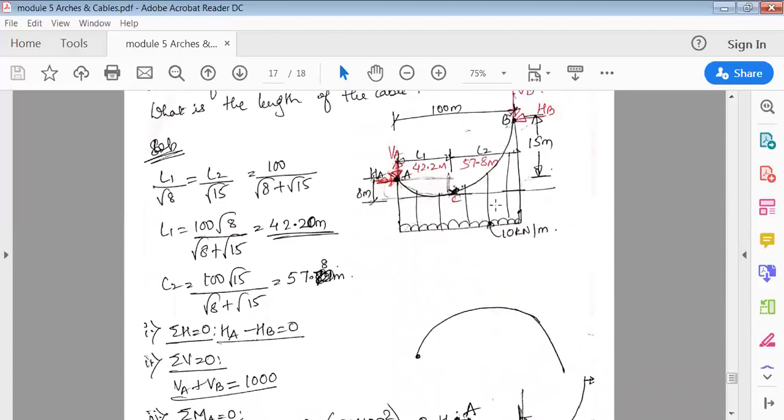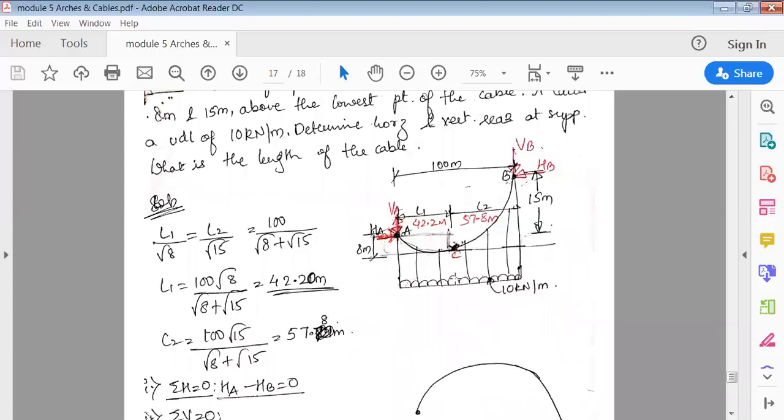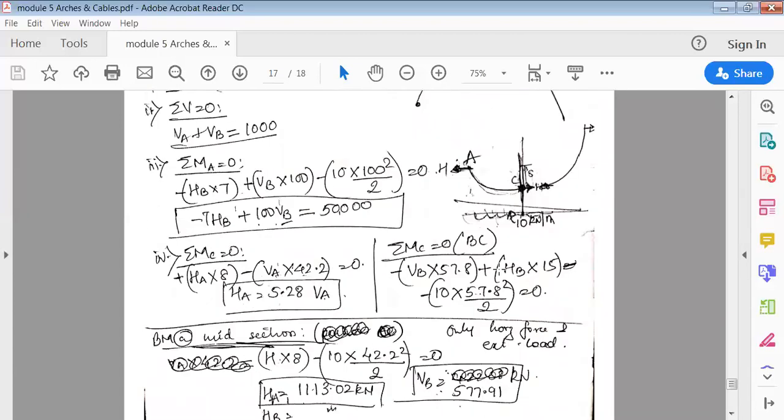VB is going anti-clockwise to reach C. Force into perpendicular distance, right side clockwise is negative, so minus VB into its perpendicular distance.